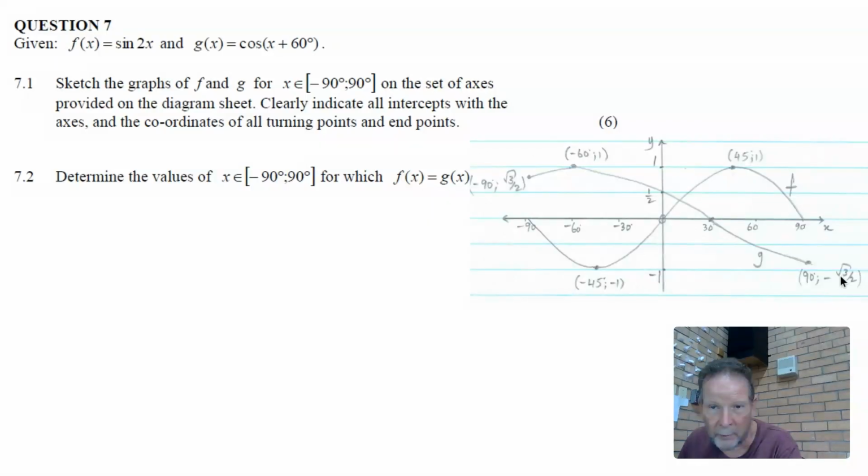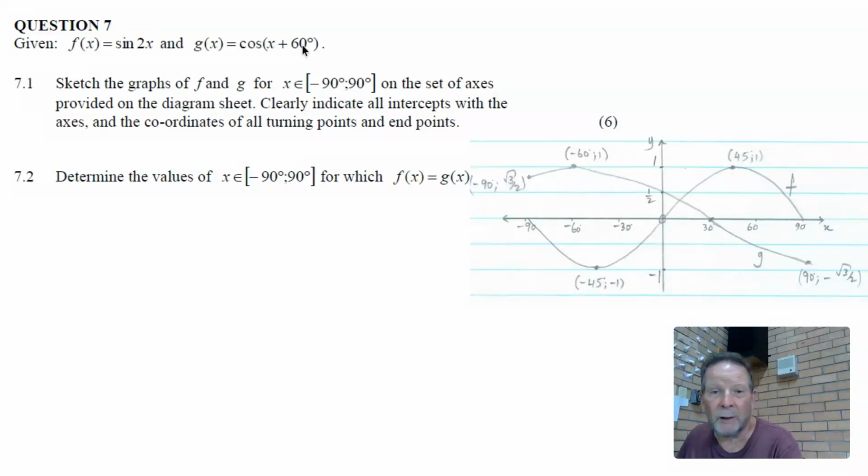That's the cosine of 150, and the reference angle is 30 degrees. You could do this with a special triangle, or you can put that in your calculator. It's negative root 3 over 2. If you put 90 in there, the cosine of 150 is negative root 3 over 2. Then put minus 90 in there, and you'll get positive root 3 over 2.